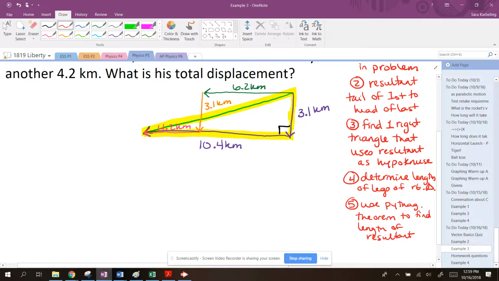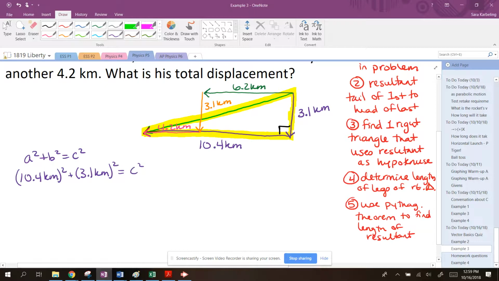Let's do that. We're going to say a squared plus b squared equals c squared. C squared is my resultant. So I've got 10.4 kilometers squared plus 3.1 kilometers squared, and that's going to equal the resultant, my displacement, squared.